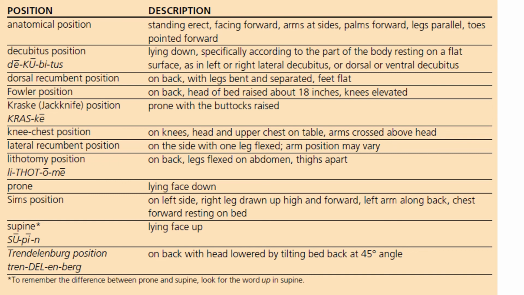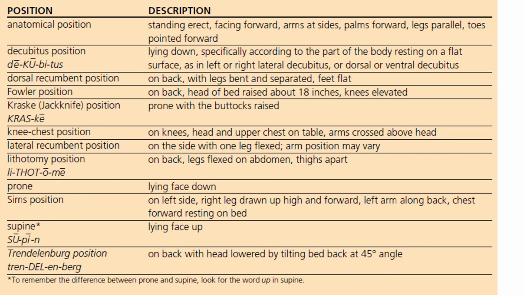Mataas or naka-raised yung head ng bed. Then we have the Kraske or jackknife position, which is prone. When we say prone, it is lying face down, nakadapa. Jackknife is prone with the buttocks raised.